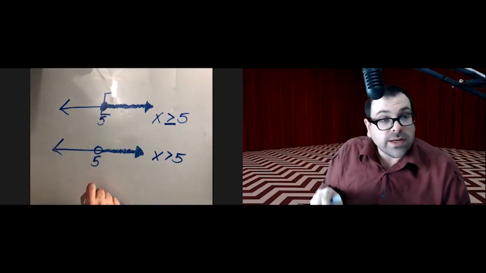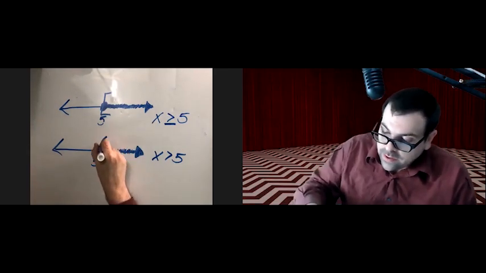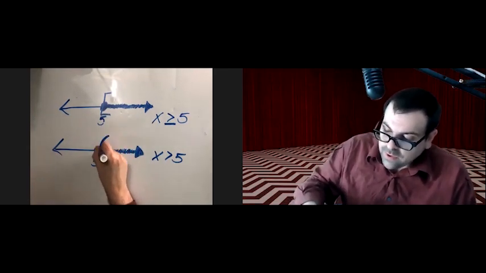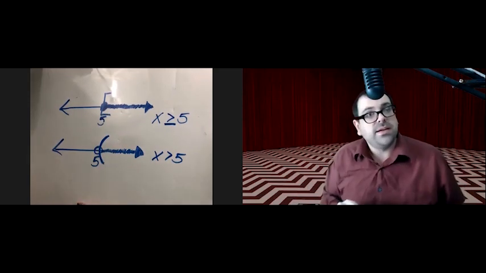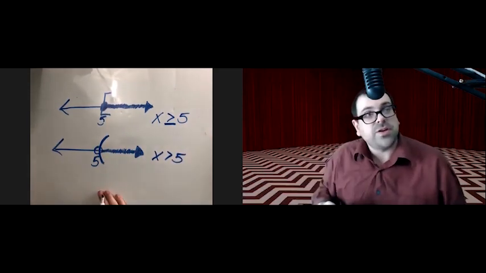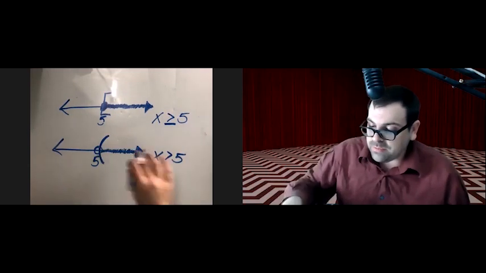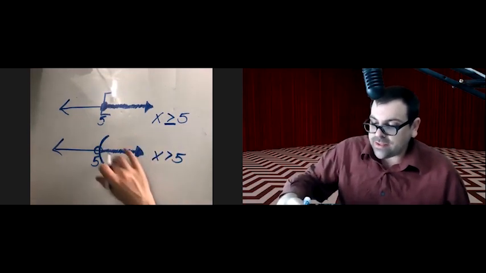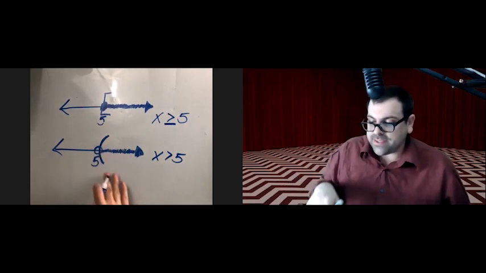And the open point can be written as a parenthesis, again, facing the direction of the shading. The shading would be inside this open parenthesis. That's the starting point.